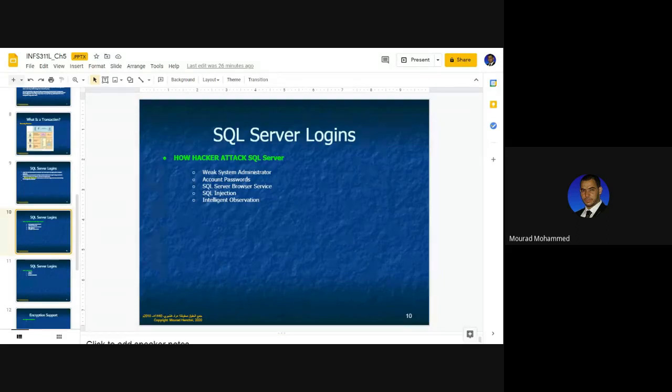If we need to activate it, we will activate it. If enabled, it has to be controlled carefully. Otherwise, it is an attack surface that attackers can use to attack the SQL Server entities.